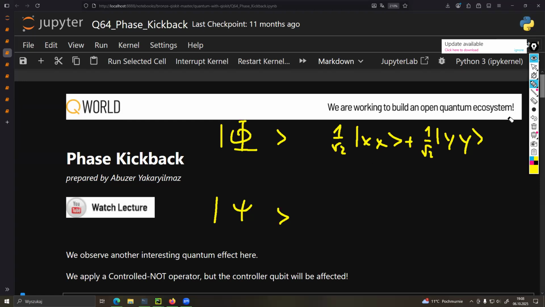The Bell states only describe 2 qubits that are always entangled. So we have a set of states where both qubits are the same. For example, here are 0, 0 and 1, 1, right?